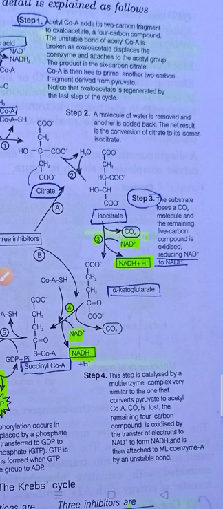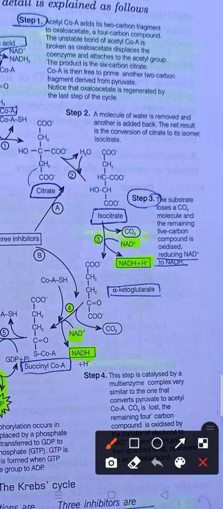Can you observe one thing here? One energy molecule is liberated in this process: from NAD plus, NADH plus H positive is formed, one energy molecule. Later on this one converts itself into ATPs.